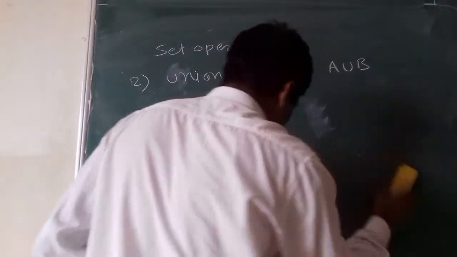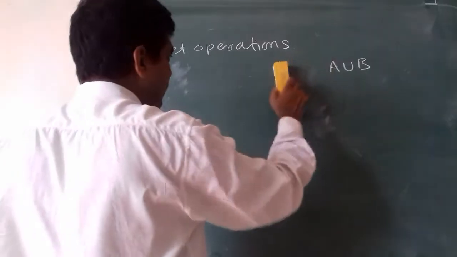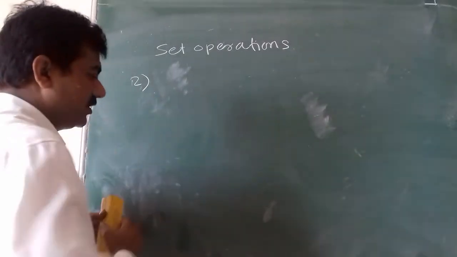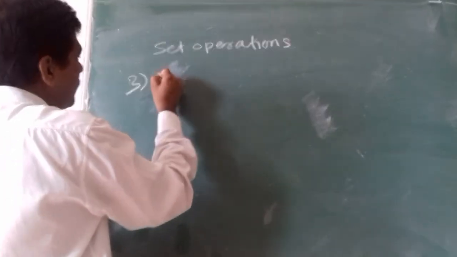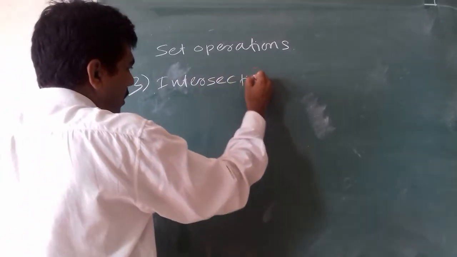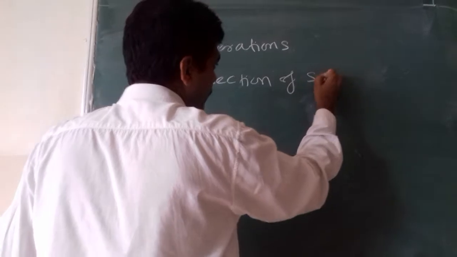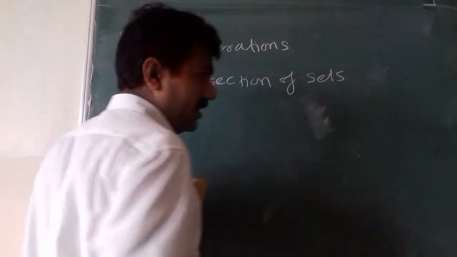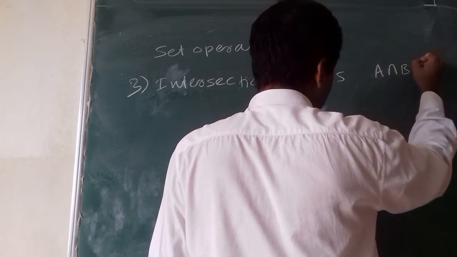Now we'll see the third set operation, that is the intersection operation amongst the sets. Intersection of sets. Let's say capital A and capital B are two sets.